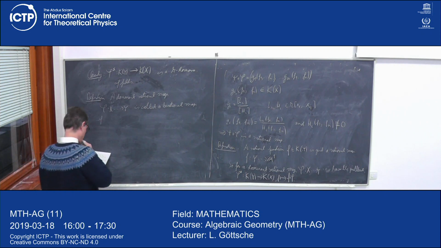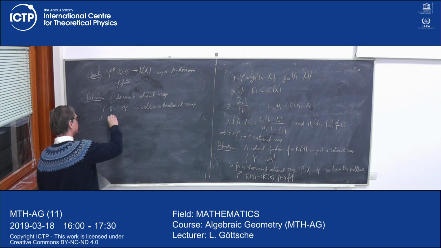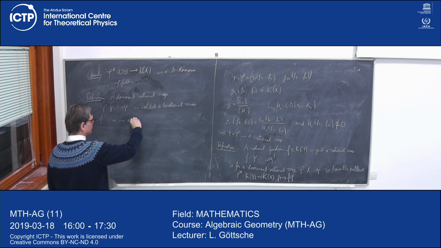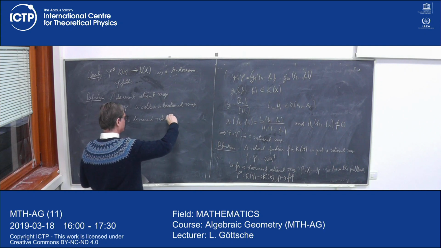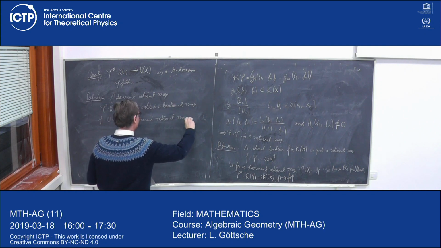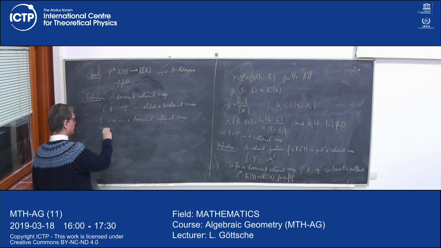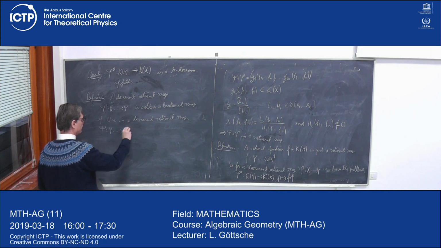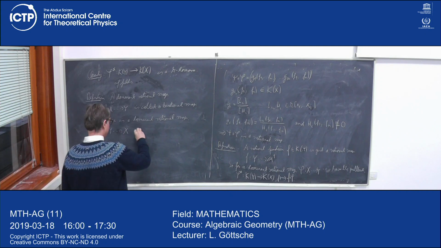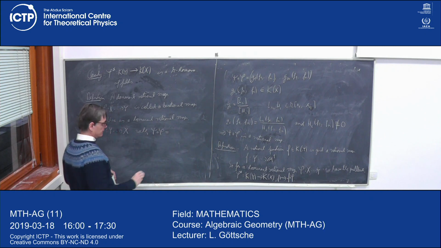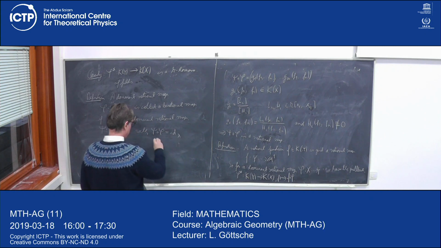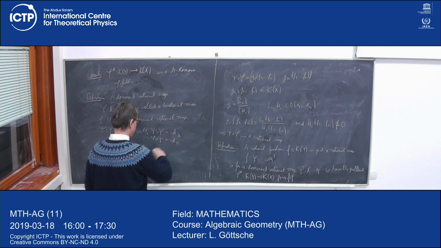So if there is another dominant rational map psi from y to x, with psi composed with phi the identity on x, and phi composed with psi equal to the identity on y.